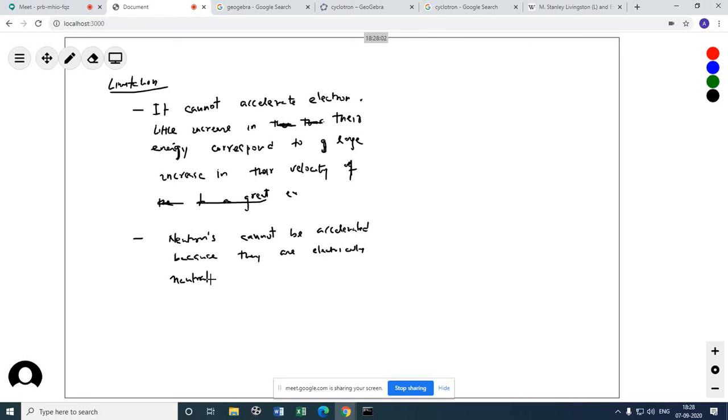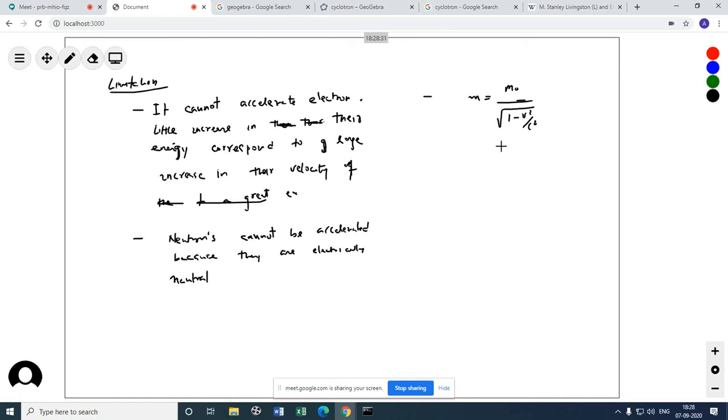One more is there. According to Einstein's special theory of relativity, the mass of any particle is given as m naught by root over 1 minus v square by c square, where m naught is called the rest mass of the particle.